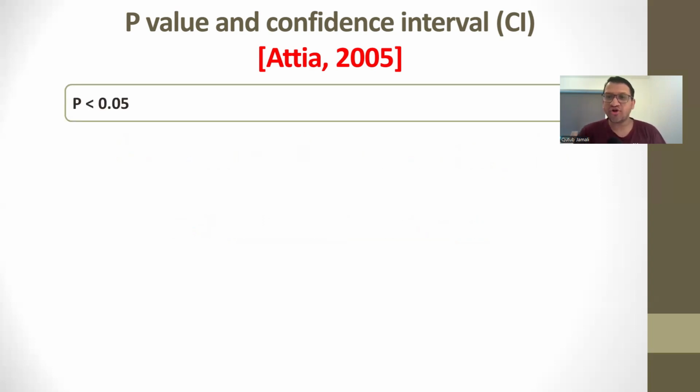So firstly, in order for the particular study to be statistically significant, the p-value has to be less than 0.05. Okay.